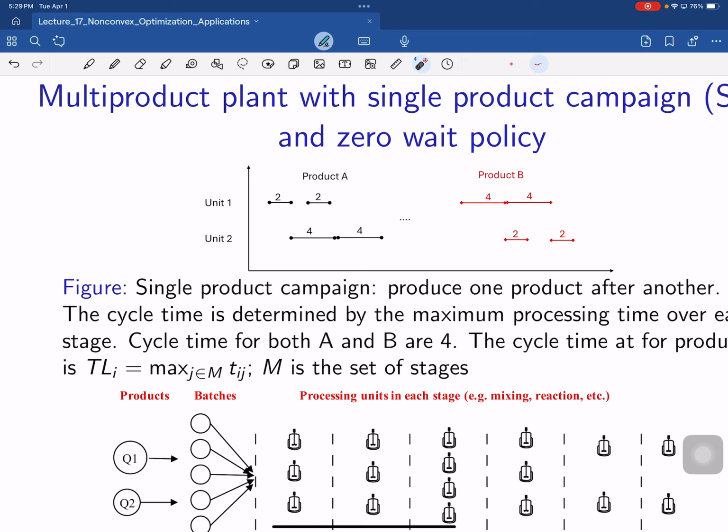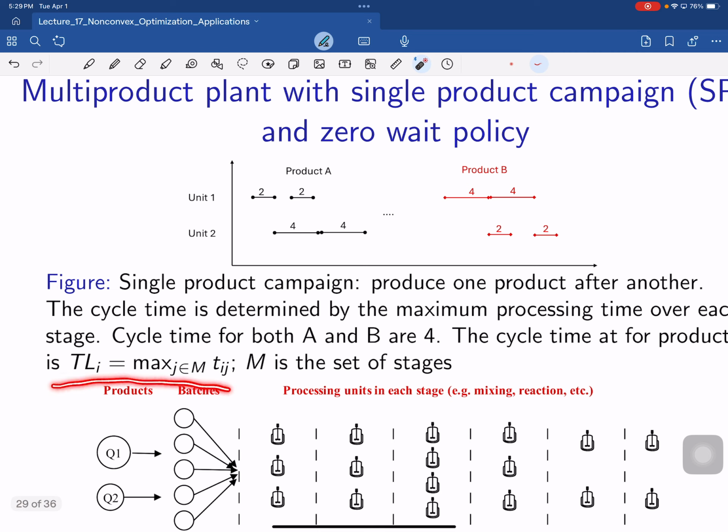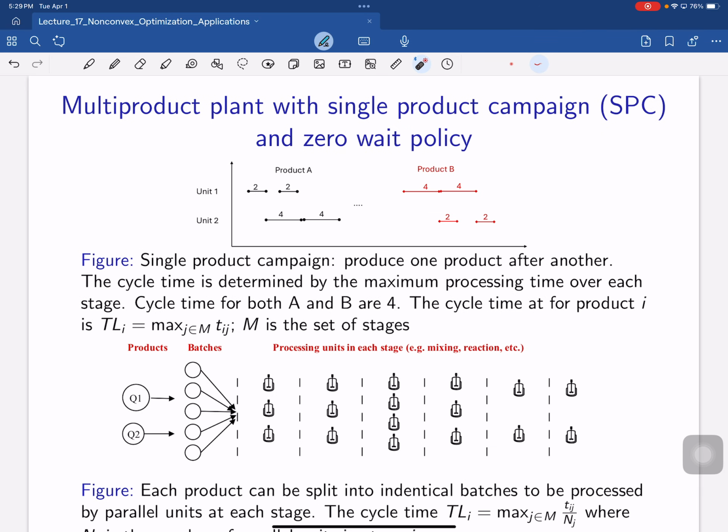You have one stage that takes longer processing time than the other stage. So therefore, your cycle time of a product is a max over the processing time over all the stages, where M is a set of stages and I is product I. Right? So for product I, the processing time is the max of the processing time over all the stages you have. Right? So if you have 1 unit at each stage.